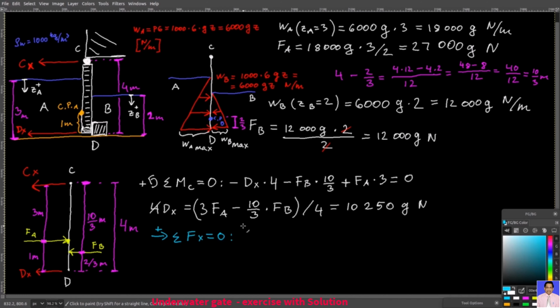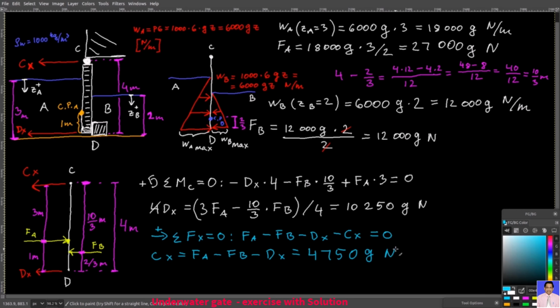And then I'm going to sum up all the forces in the x direction. So I will have FA minus FB minus dx minus cx. That's 0. I know my dx, I know FB, FA, and so cx equals FA minus FB minus dx, and that's 4750 times G newtons.